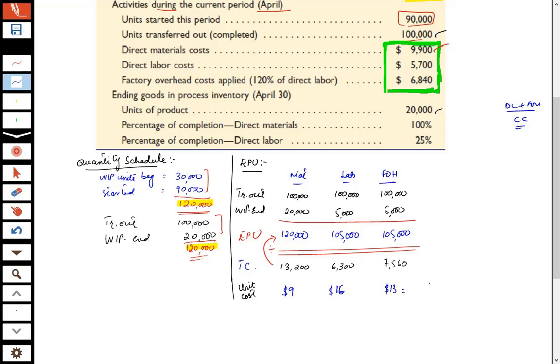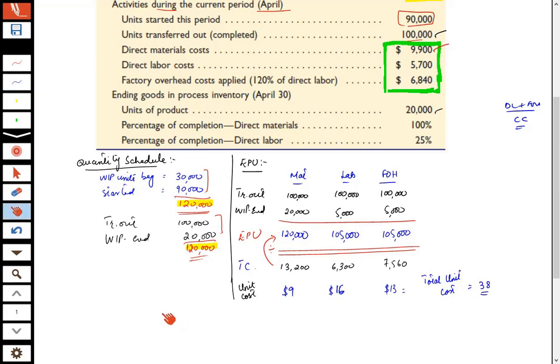I'm actually not rounding it off because the last time I rounded it off, the answers were different. It wasn't equal. Okay, no issues. Total unit cost: 9 plus 16 plus 13, which is 38. Let's see if there is any difference.